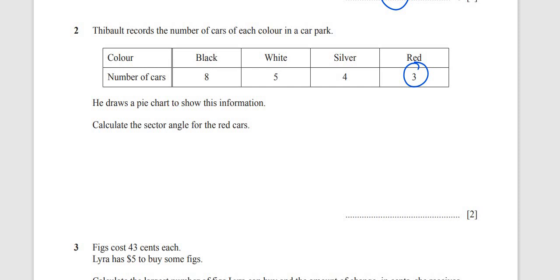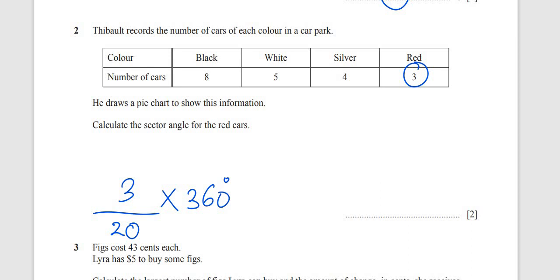So how many cars are there all together? So we have 8 plus 5, which is 13, plus 4 is 17, plus 3 is 20. So there are 20 cars. So 3 out of 20 we multiply by 360 degrees, because a full circle subtends an angle of 360 degrees. So we need to work out how many degrees are equivalent to 3/20.